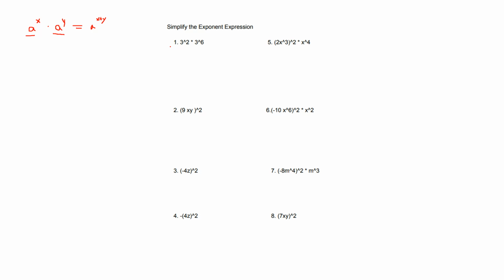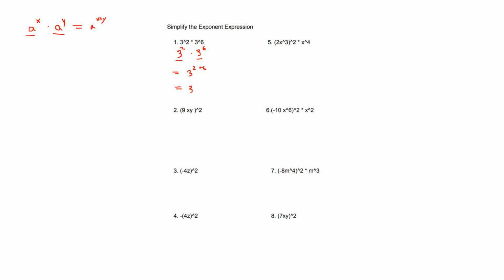Okay, so for example, here number 1, this is 3 squared times 3 to the power of 6. Since it's the same base, 3, you could just add the 2 and 6. So it'd be 3 to the power of 2 plus 6.